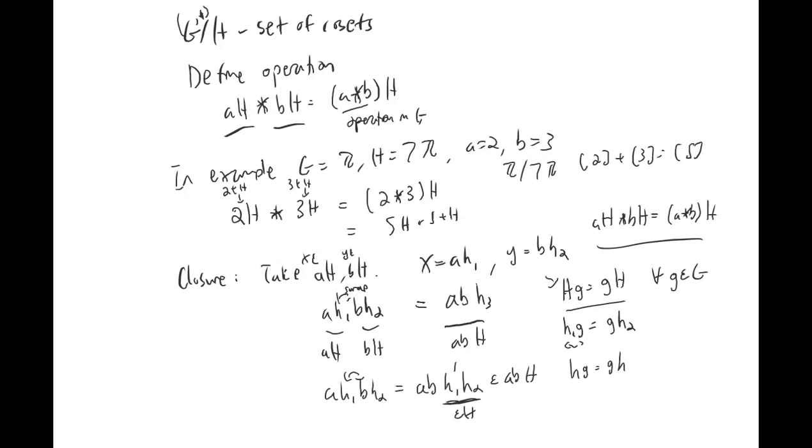So this is what we call normality, right? We say a subgroup H is normal if this is true. Does everyone understand why we need normality to get closure? Again, to be a group, this has to be a binary operation, right?